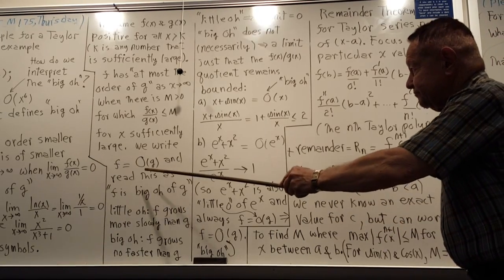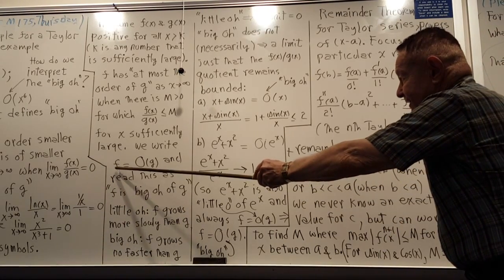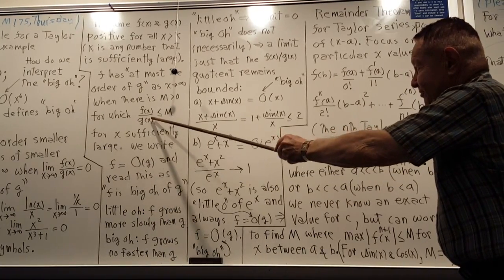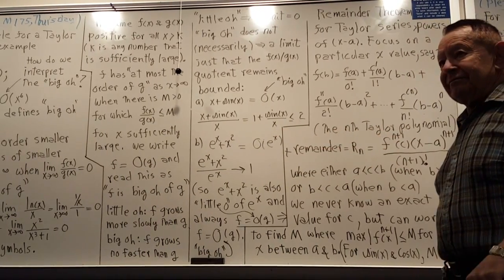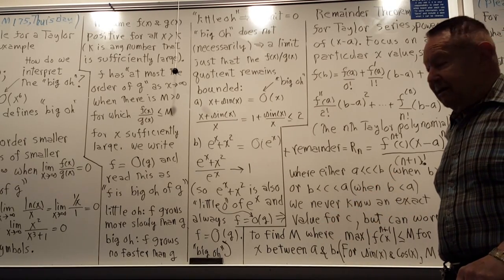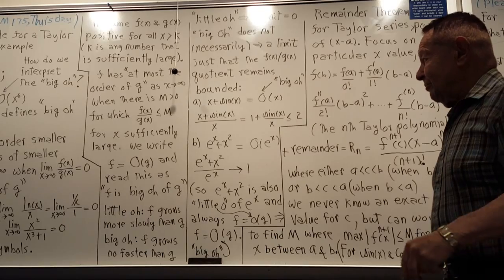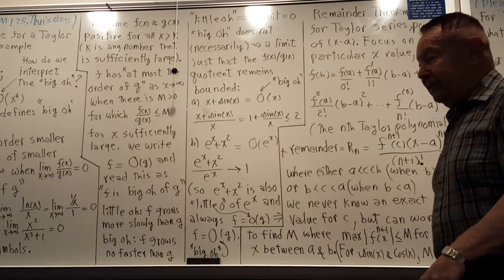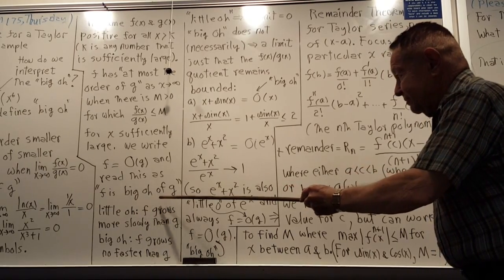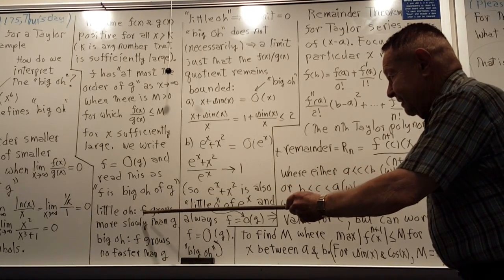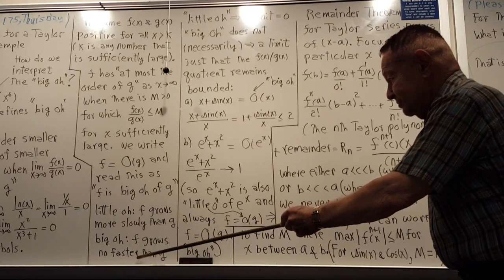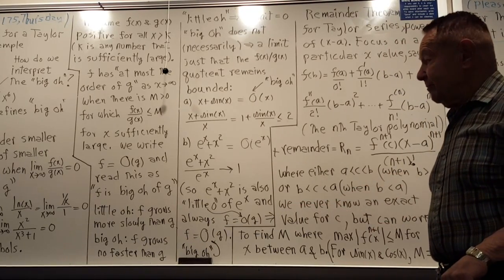And so you write f is big O of g when this quotient will stay less than some positive number, but not necessarily be 0 or 2 or whatever. So we read this as f is big O of g. Little o then, f grows more slowly than g, and big O, f grows no faster than g.